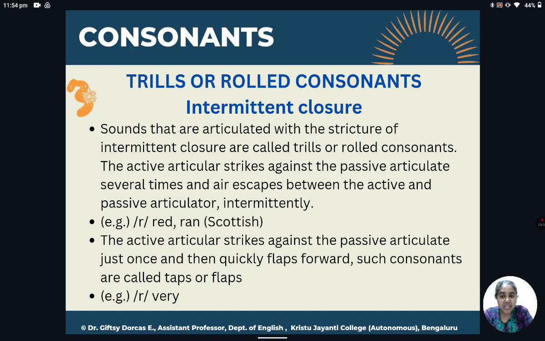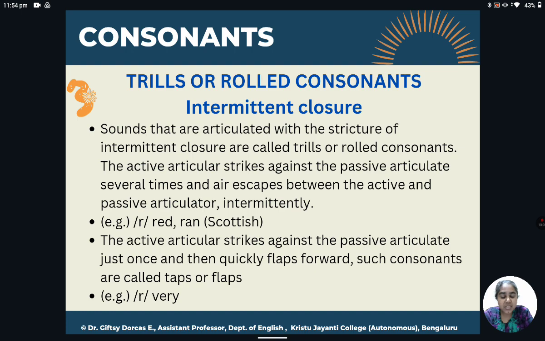Next, we have the trills or the rolled consonants, also called intermittent closure. Here in the articulation, the stricture is intermittent closure, and they are called trills or rolled consonants. The active articulator strikes against the passive articulator several times, and air escapes intermittently between the active and passive articulator. So the r sound pronounced by Scottish people as in red, ran.